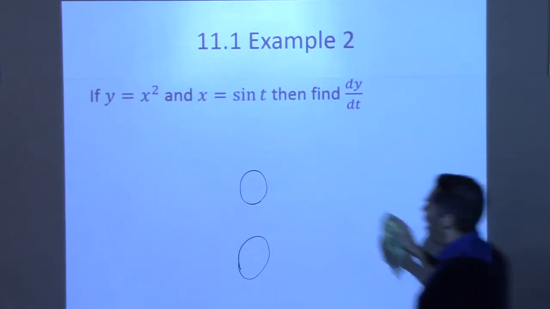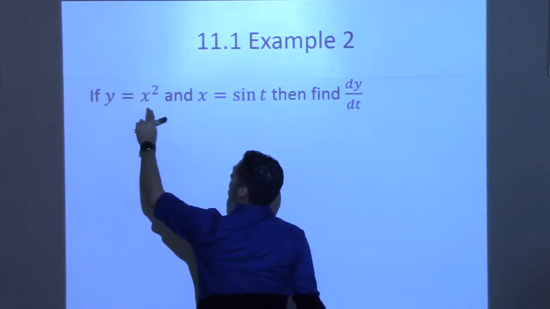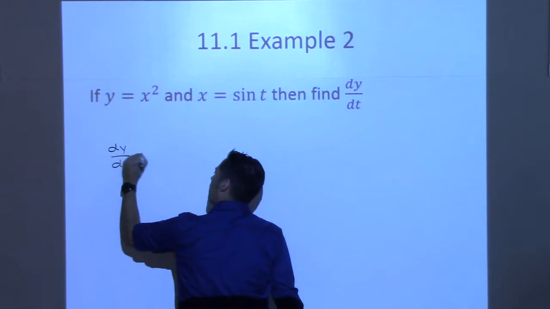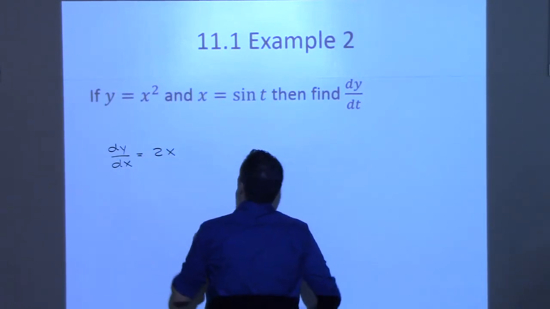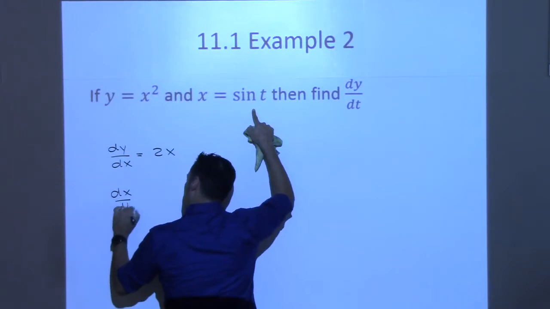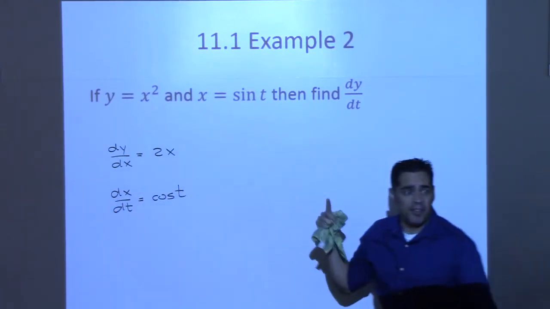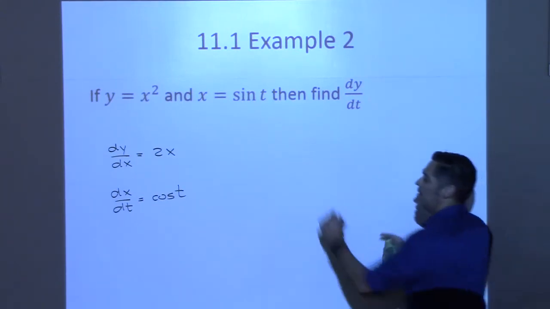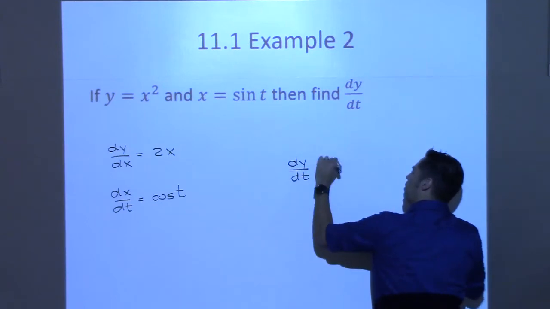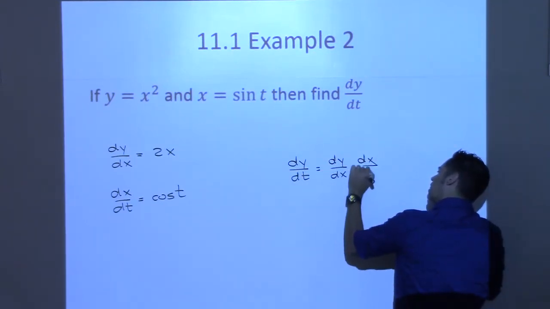Okay, so I have that y is a function of x, so what would dy dx be? 2x, okay? And then I have that x is a function of t, so what would dx dt be? Cosine t, right? And according to what I just said, dy dt should be those two multiplied, dy dx times dx dt.